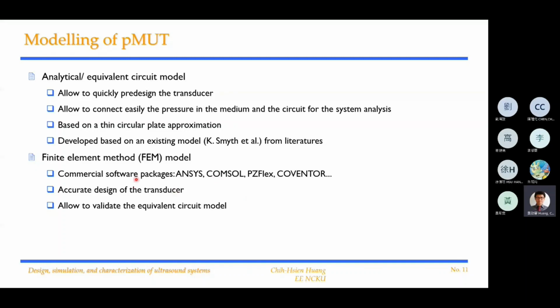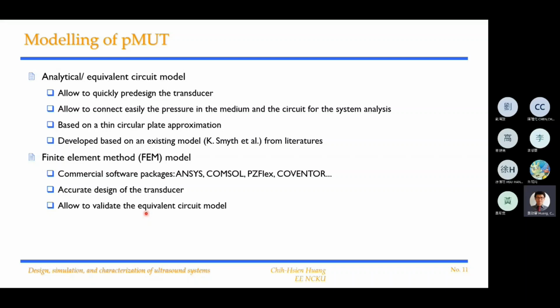So generally, if you can use the FEM model very familiarly, you should be able to accurately design the transducers. What we usually do with the FEM model is validate the equivalent circuit model. The FEM model is for very accurate simulation, and you probably have to spend a lot of time to let it compute some result.